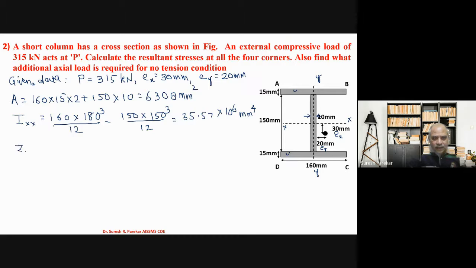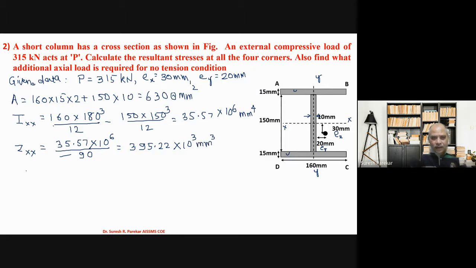Then if we will calculate ZXX, then we have 35.57 into 10 raised to 6. Now for axis XX, we have Y as 90 and ZXX is 395.22 into 10 raised to 3 millimeter cube.